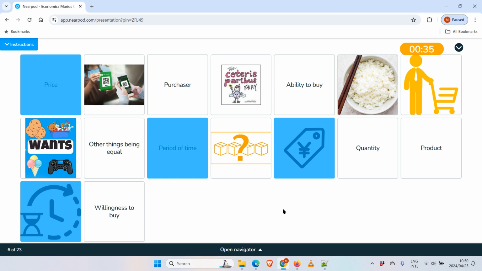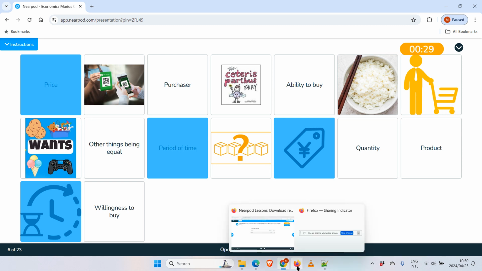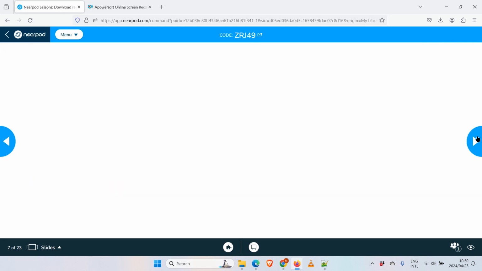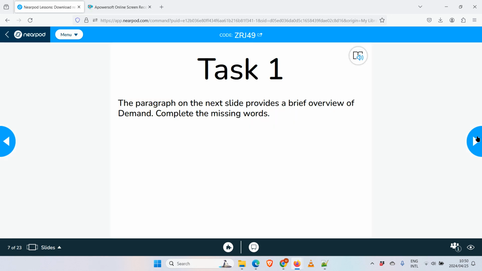In this activity, the students will go through, the time will elapse, and the teacher can follow on the teacher's screen as the students are working through, and the students' effort will appear as follows. Right, let's carry on now with our first task for this lesson.